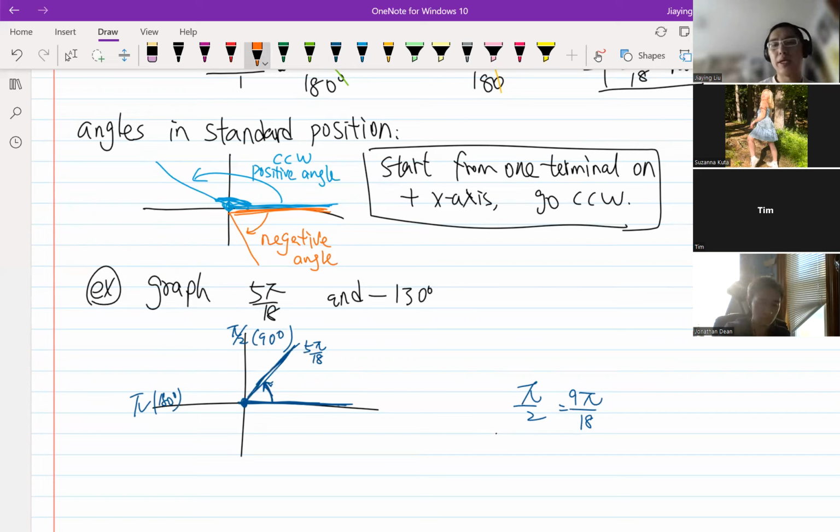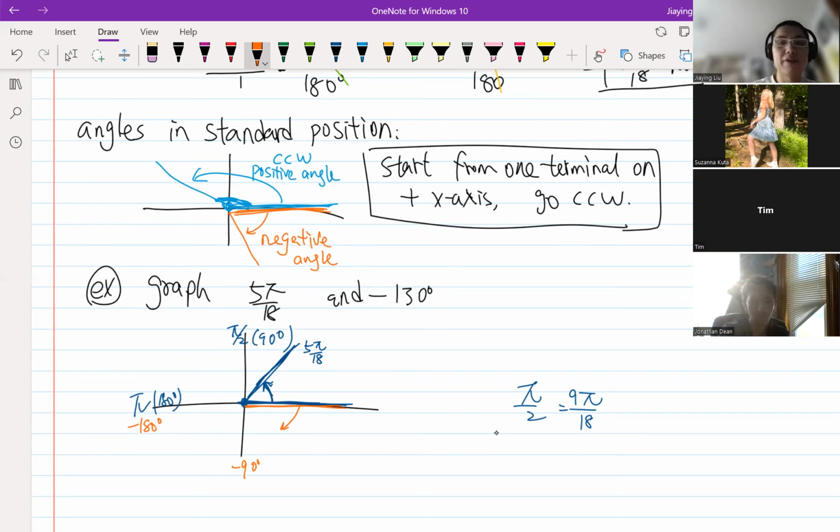And if I were to plot the negative 130 degrees, I'm going to start with the same positive x-axis as my initial terminal. I'm going to go clockwise, going this way. I have to stop at negative 130. So this is negative 90 if I go in the clockwise direction. Negative 180 in the clockwise direction, and then if I keep going, that's negative 270, and it continues.